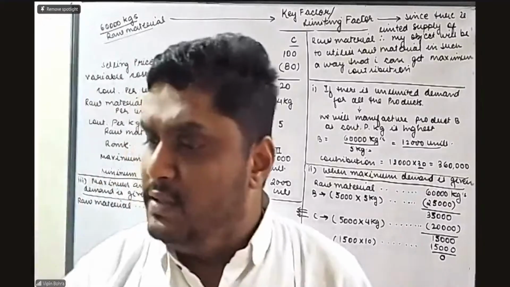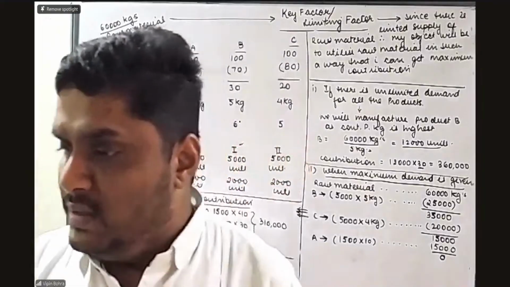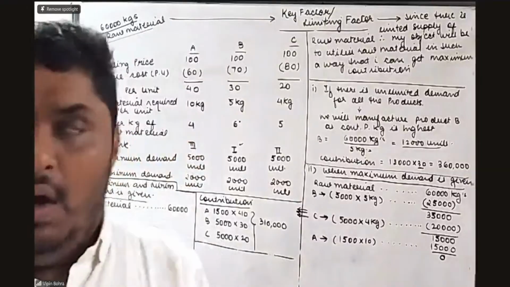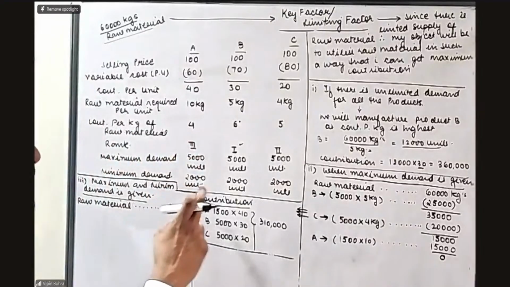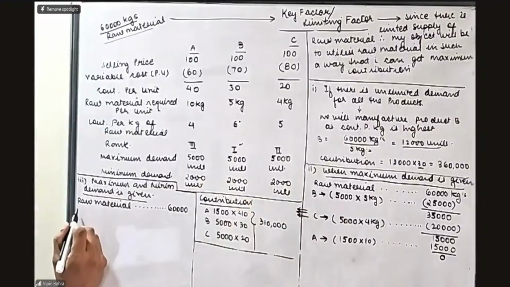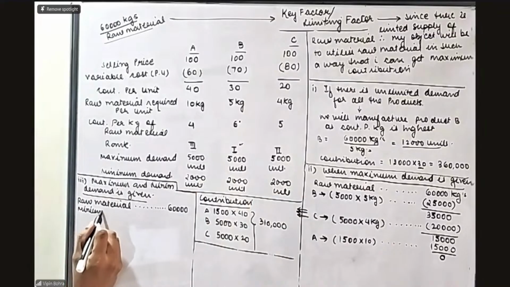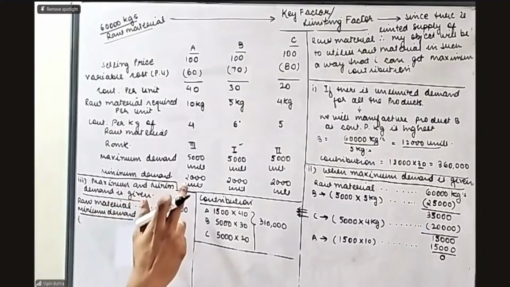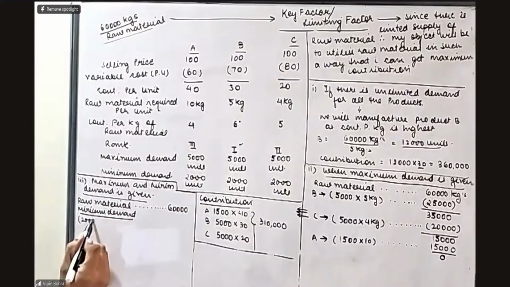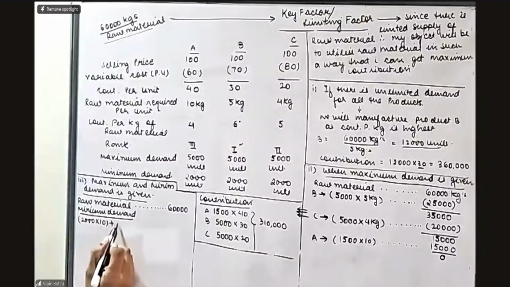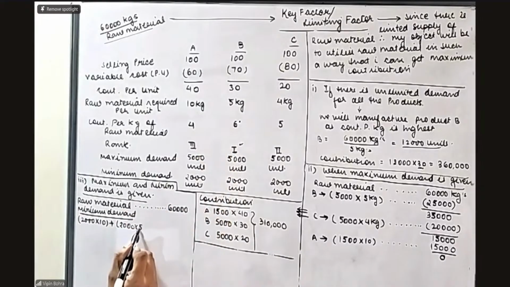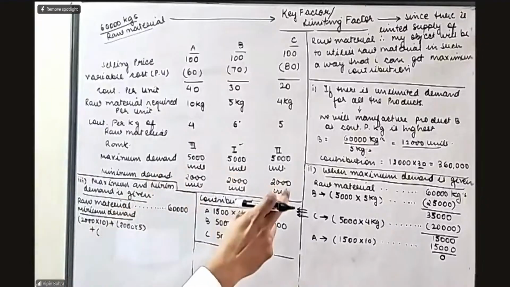Now what we will do first, we will fulfill the minimum demand for all the three products, that is for A, B, and C. So for A, it is 2000 into 10, plus 2000 into 5, plus for C, it is 2000 into 4.